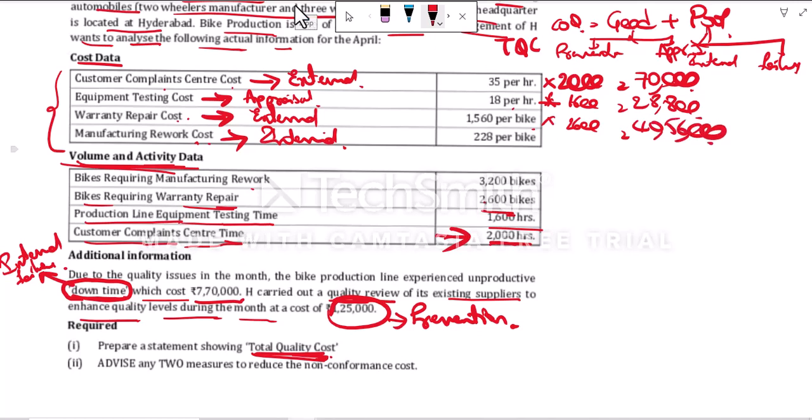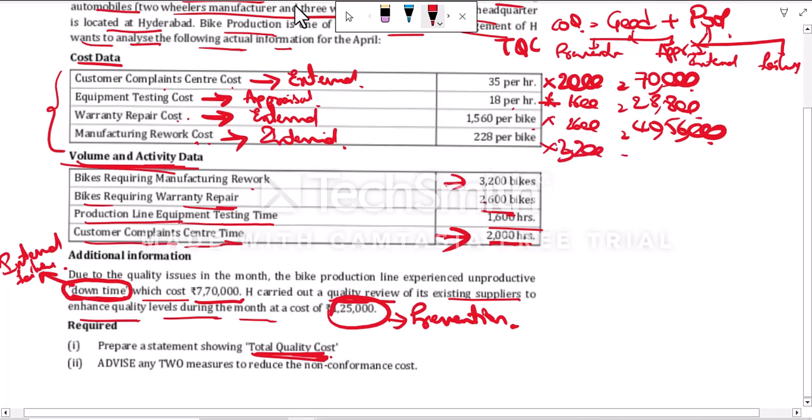And manufacturing rework 228 per bike. How many bikes require manufacturing rework? 3,200. So 228 into 3,200 is 7,29,600.